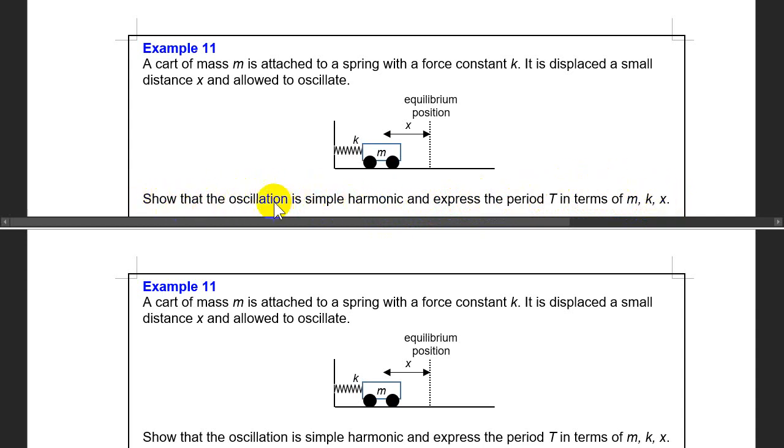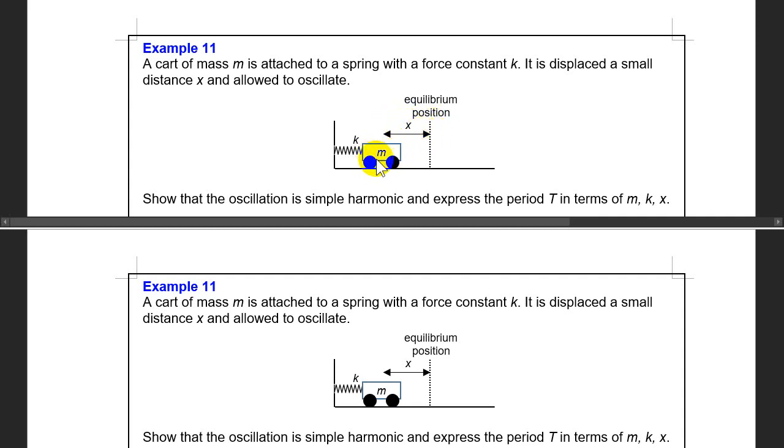Okay, how do we show that this oscillation is simple harmonic? Well, to show that an oscillation is simple harmonic, all we need to do is figure out the net force acting on the cart right now, get a formula for this net force, and show that this formula is proportional and opposite to x.